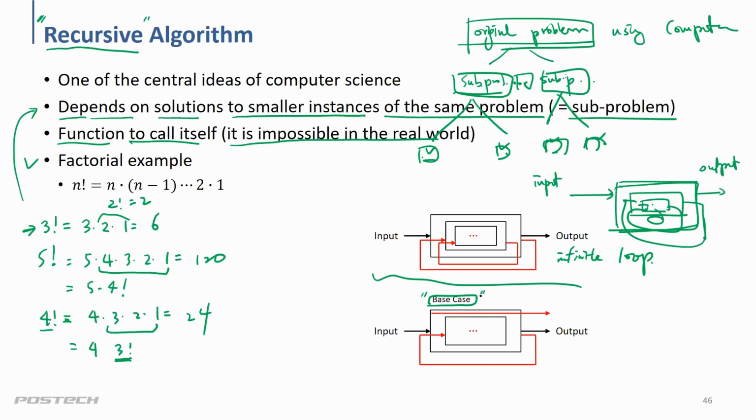I will call it the base case. So in the factorial example, what would be the base case? What would be the condition that lets us jump out of the loop?